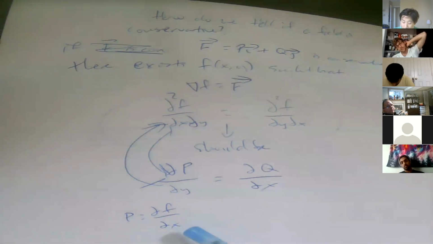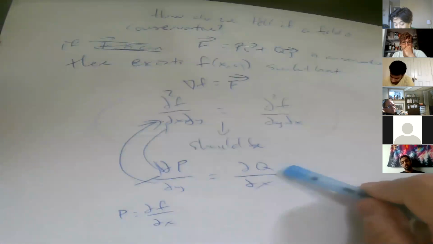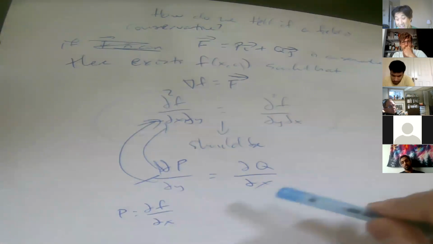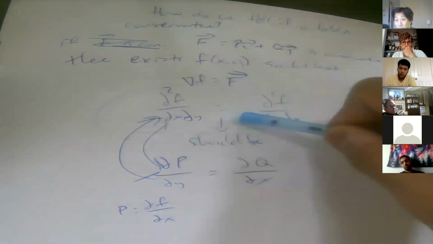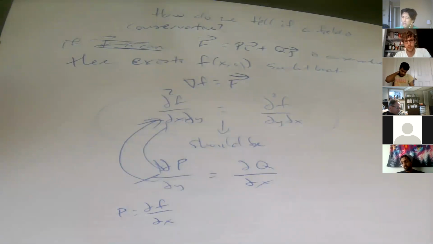So if I take the derivative of P with respect to y, I get this thing. And Q is df/dy. So if I take the derivative with respect to x, I get this thing. And they should be the same. But I'm confused as to why there are dy and dx underneath dP and dQ.